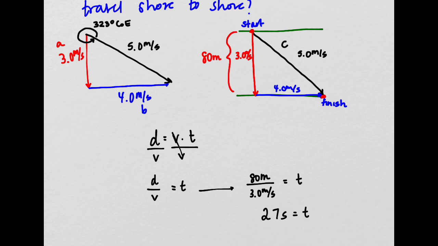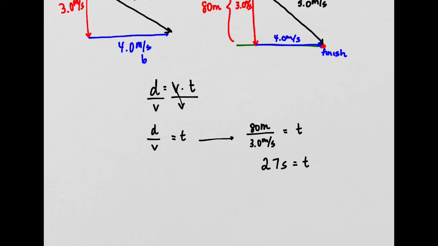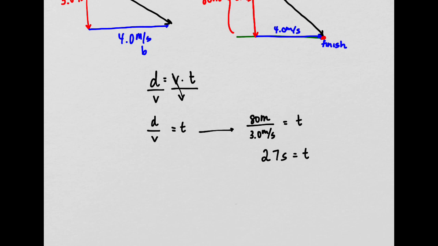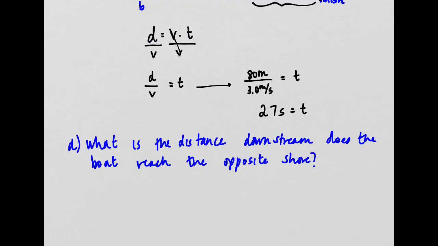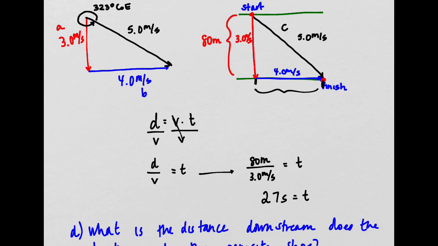The next part that we want to know in part D is what is the distance downshore that you arrive. So we should have arrived here, but we actually arrive here. So what is the distance downshore that we arrive? Okay, so since I'm trying to find this horizontal component of distance, I'm going to use the horizontal component of time.